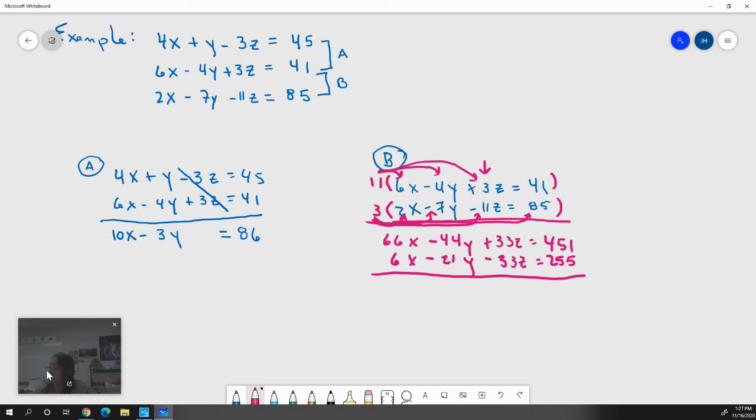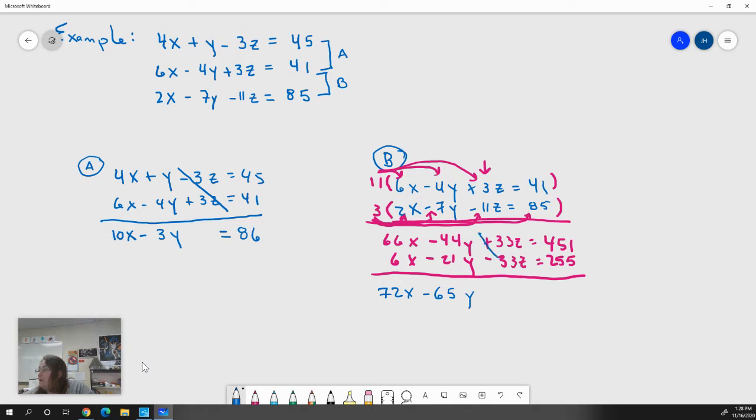It's going to equal 0 because we created these two equations specifically so that that Z would drop out. So I'm going to add these together. Okay, well, 66 plus 6 is 72x. These are going to add together and be minus 65y.